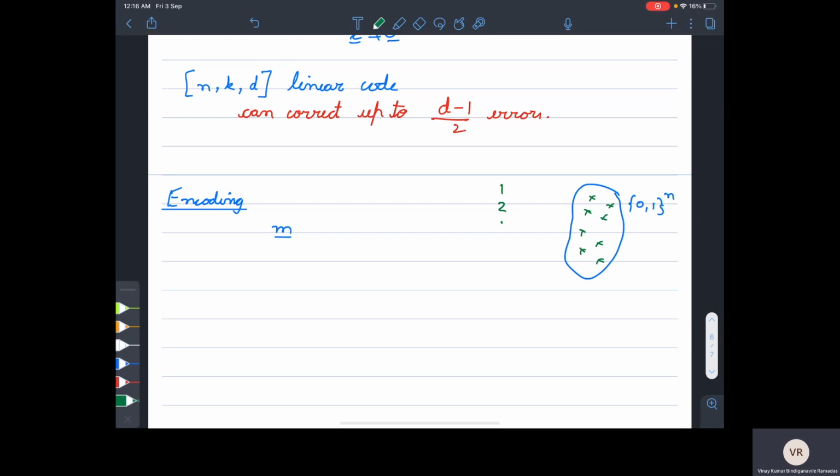So we had 1, 2 till M messages. For convenience, I'll take the total number of messages to be 2^k. So you have 1, 2, up to 2^k messages, and these should be mapped to some 2^k vectors chosen within this code book C, right?